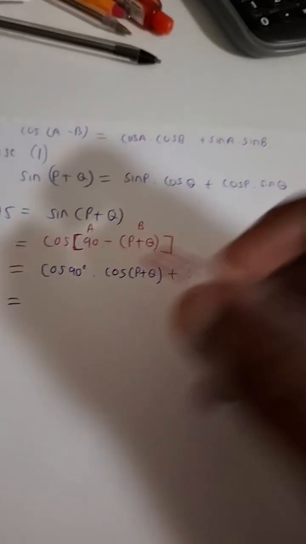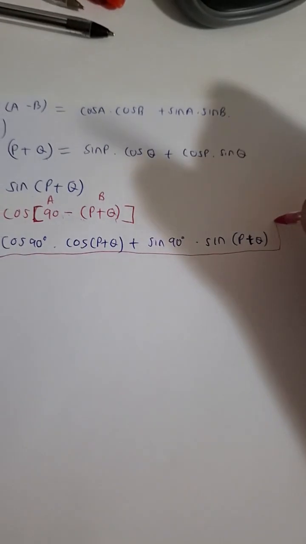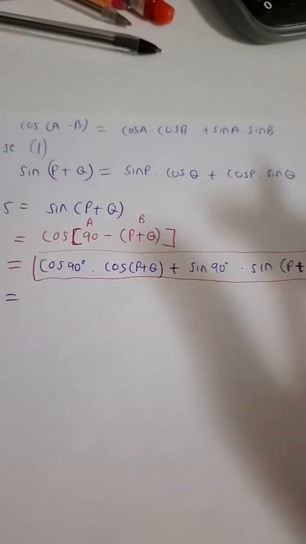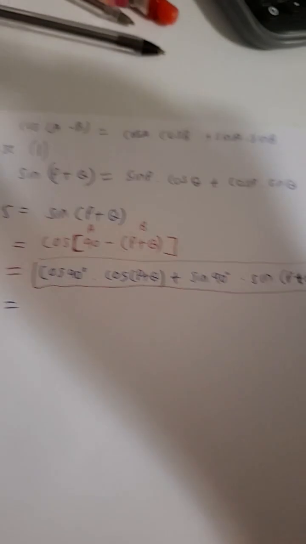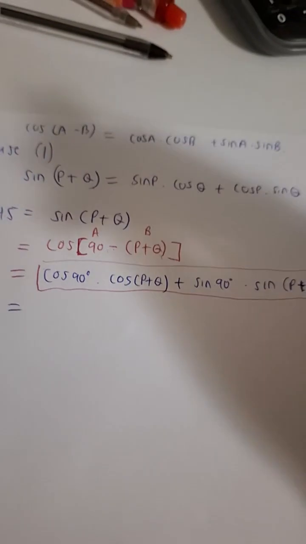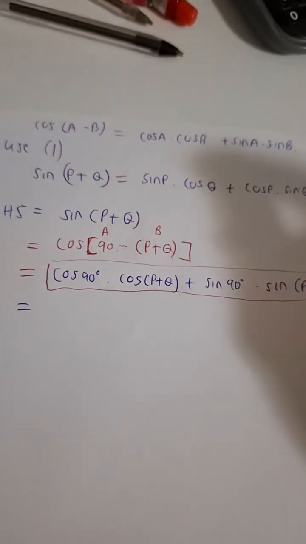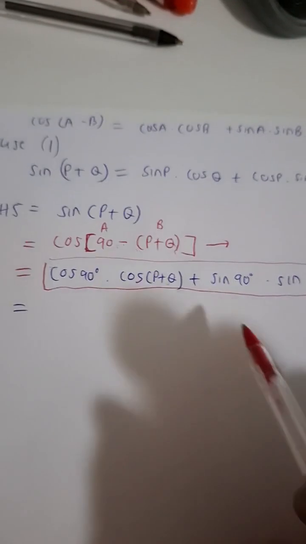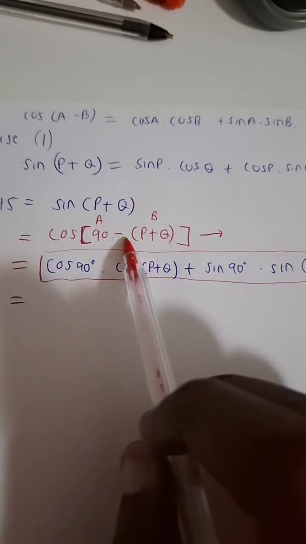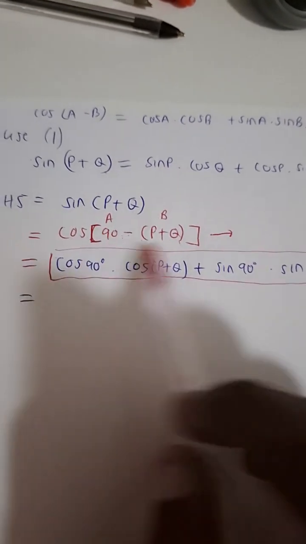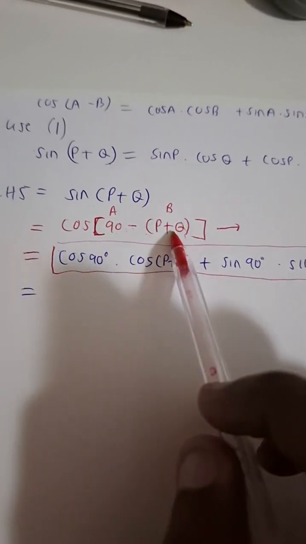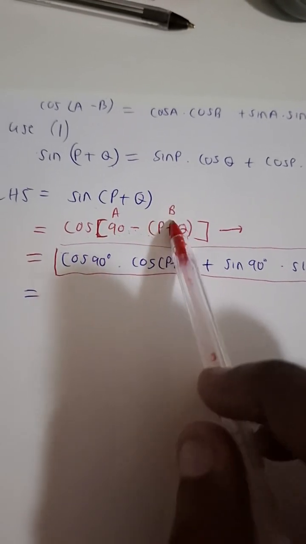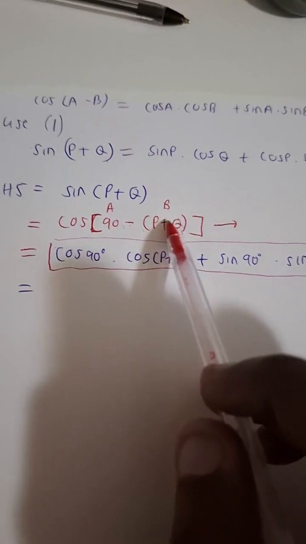So that means I should have actually taken into consideration a very important thing. I can see that this is just going to complicate my life. So here's something that we do so that we can assist ourselves. I'm going to reconsider this here, cos 90 minus P plus Q. I think if I make that to be my B, it's going to make life a bit complicated.